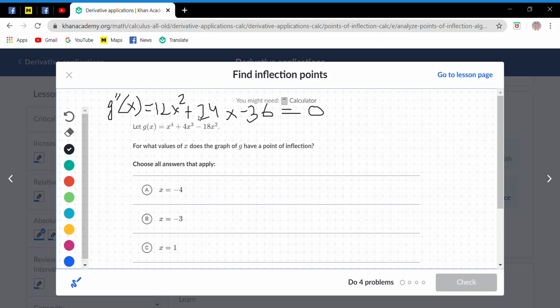So we can factor out a 12 from it. So this becomes x squared plus 2x minus 3, since 12 times 3 is 36. This is equal to 0.